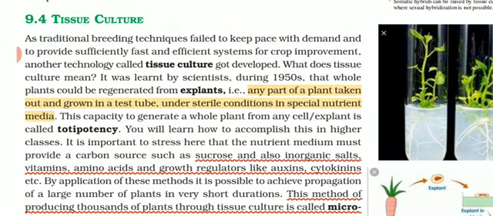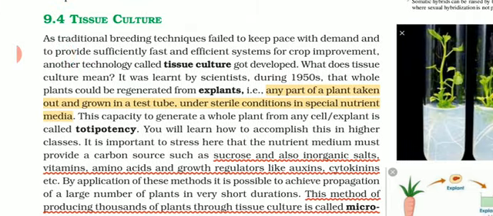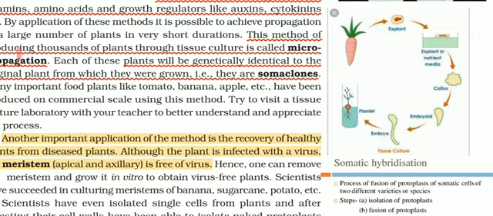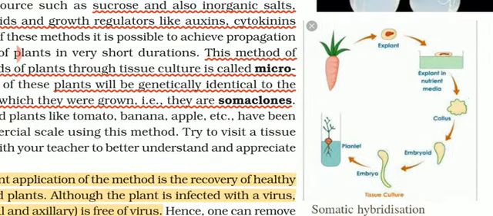So, let's read it. Tissue culture is a technique that was started by scientists in the 1950s, where a whole plant could regenerate from an explant. Now what is an explant? If you see this picture, they have shown that an explant is a small part of any plant. An explant, a small part of a plant, can be put in a nutrient medium.